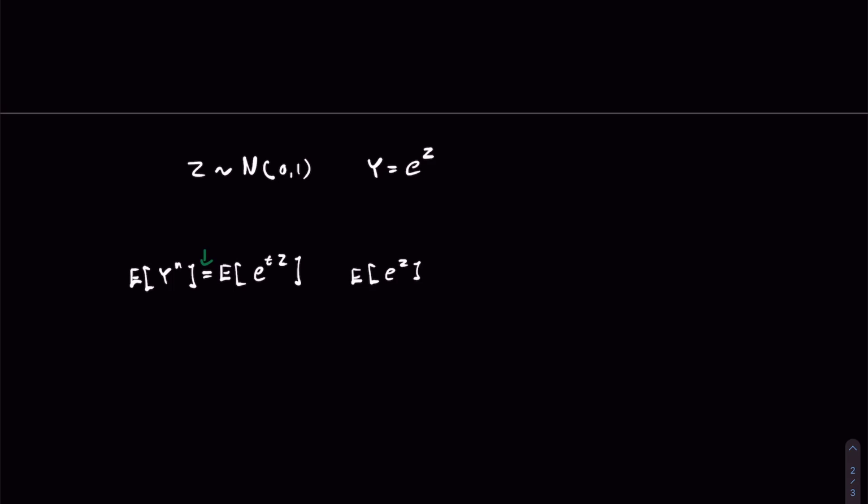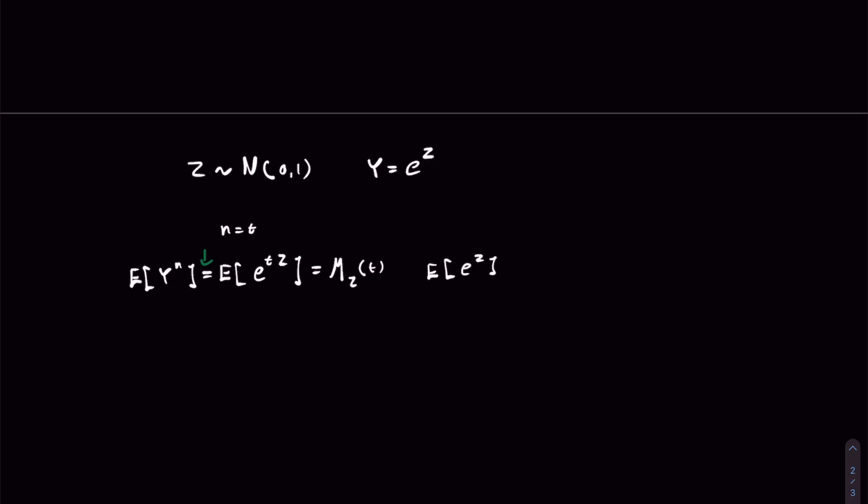This is now the same thing as the MGF of Z of t, and I'm putting obviously n equals t here.